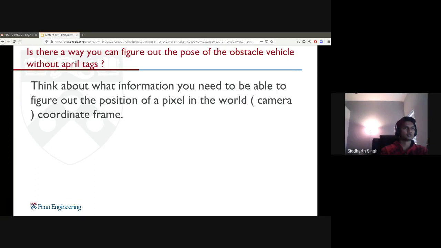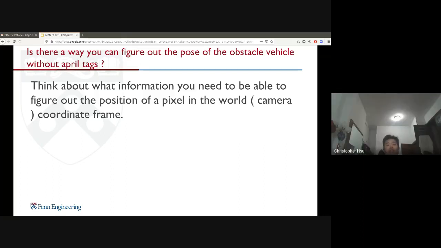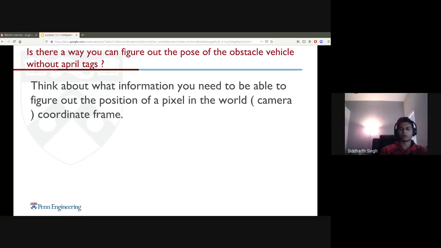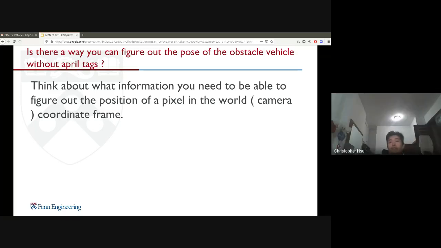Anybody in messages? The horizon. Which horizon? Like the camera plane horizon. I mean the world horizon. I think you're talking about the point where the vanishing lines meet, something like that.